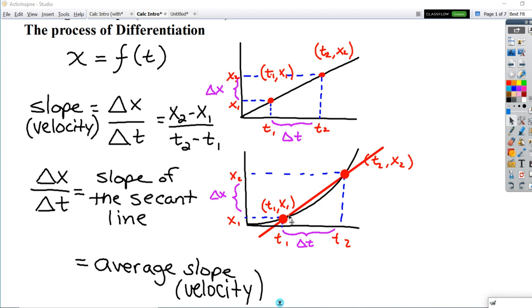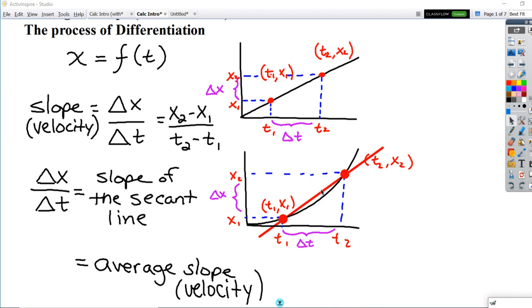Now, as an average, because this is a constantly accelerating object, that means the object must go through every velocity, which represents every slope, between the slopes that you would find at the first point and at the second point.